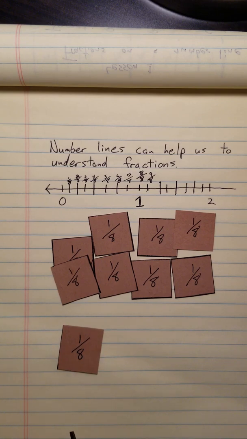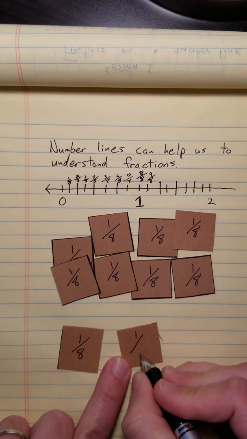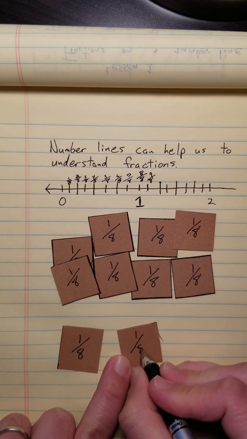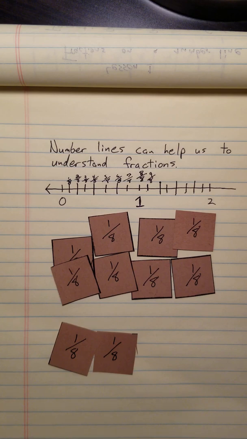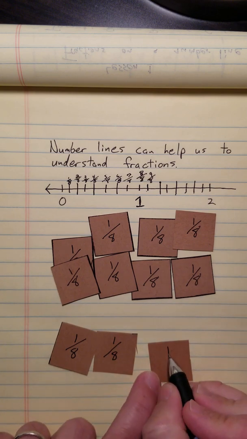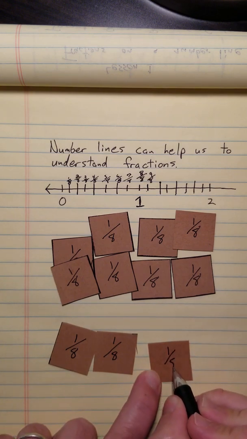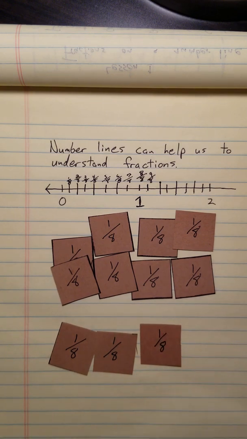Then another student wants a chocolate bar, right? Now I am up to 10/8. Okay. Then I go to 11/8. Okay.